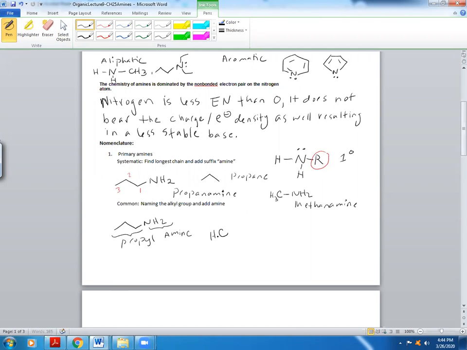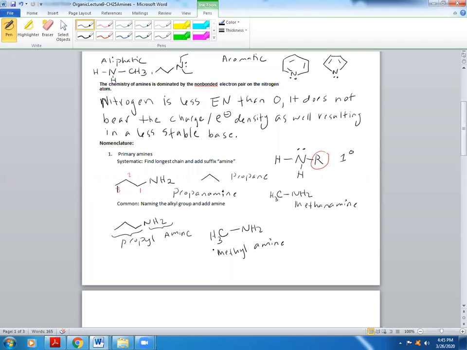Or this. So this is methyl, and this is amine. Now, notice that I'm only talking about primary amines. I'm not talking about secondary, tertiary yet. So all of those have just one R group. That's it.